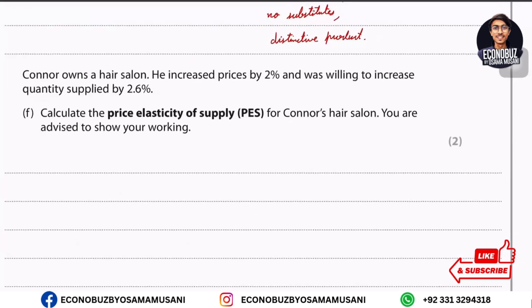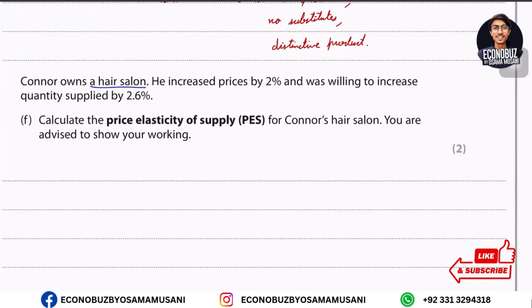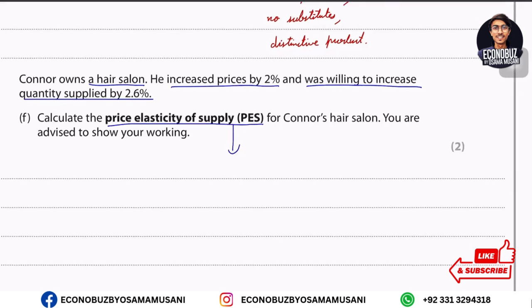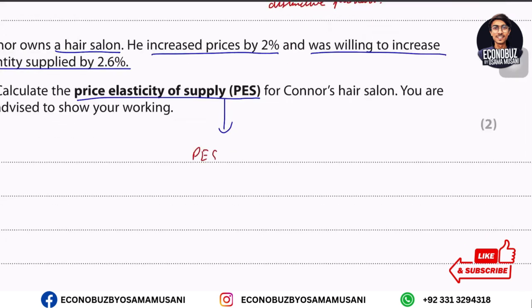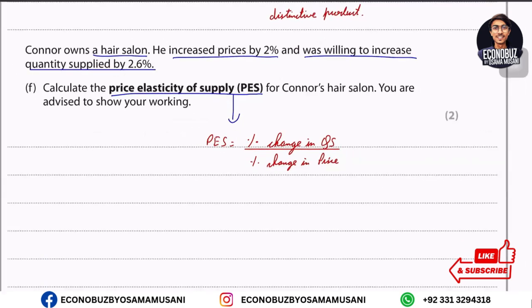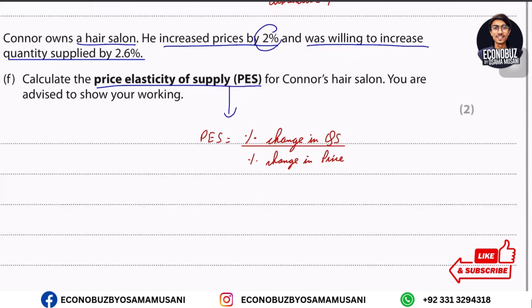Now, moving on, Connor owns a hair salon. He increased prices by 2% and was willing to increase quantity supplied by 2.6%. Calculate the PES. What is the formula for PES? Price elasticity of supply is percentage change in quantity supplied upon percentage change in price. So, what is the increase in price? 2%.